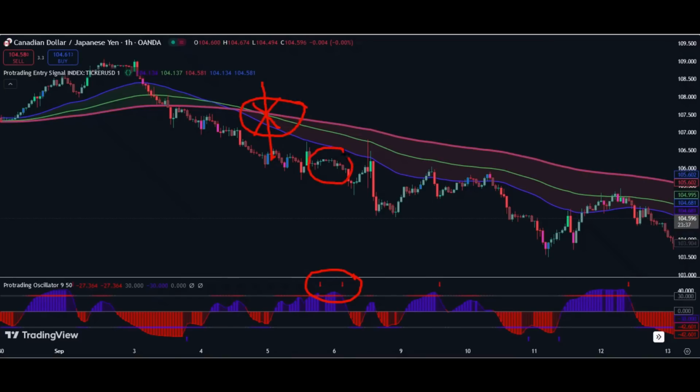Price is currently trading below all the exponential moving averages, so at this point we can take our trade. Another level where we can take our trade is when price is below the 100 but above the 50.